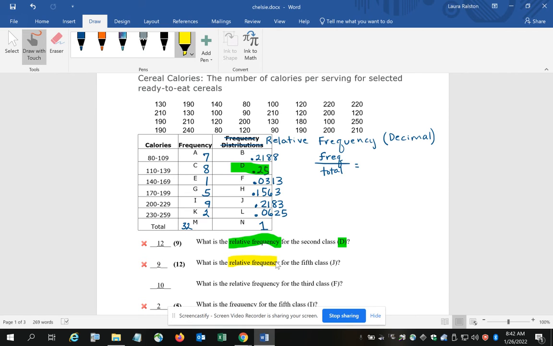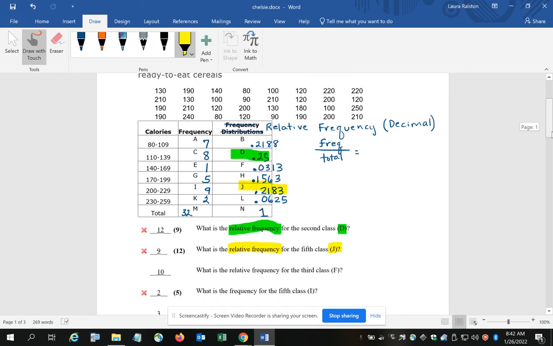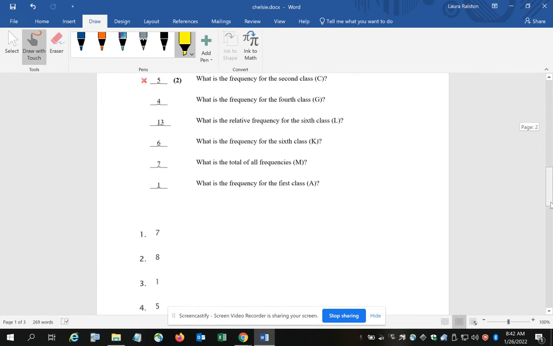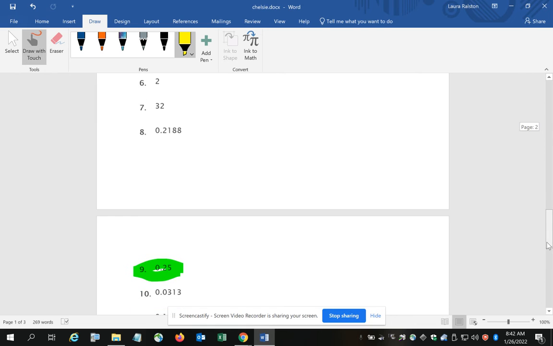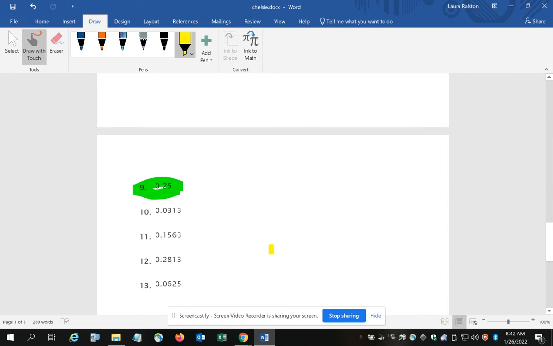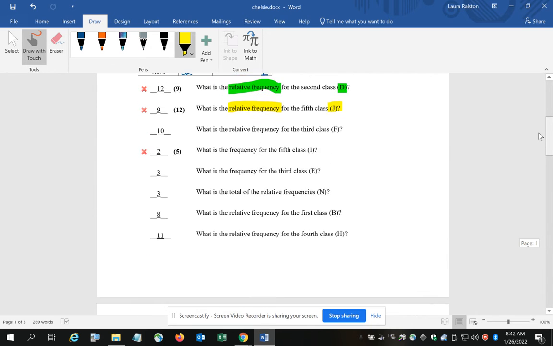For example, the second question here on my example says, what is the relative frequency of the fifth class, which corresponds to box J, which is 0.2183. If I look at my list of answers, 0.2183, whoops, maybe I wrote it down wrong.